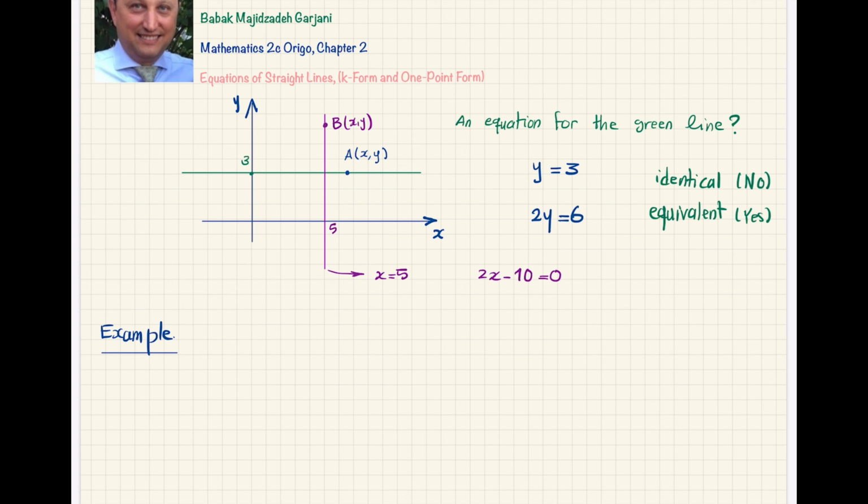I would say: determine an equation for the line, and of course I need to say a straight line, because in principle a curve is also a line, but because we are always working with straight lines in this chapter, let me make it short and say the line.